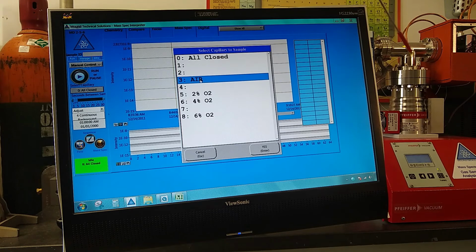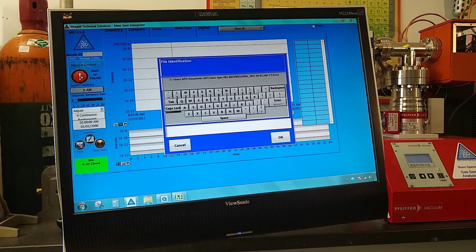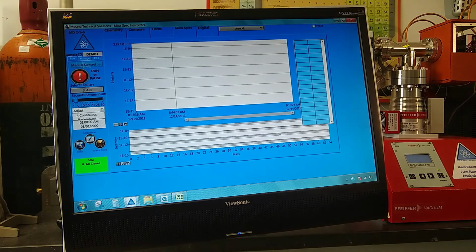So we've got this capillary here just out monitoring the ambient air in the room. So this is going to be a manually controlled test. We'll start the test, and we'll call this test Demo 1. And we'll start the test.